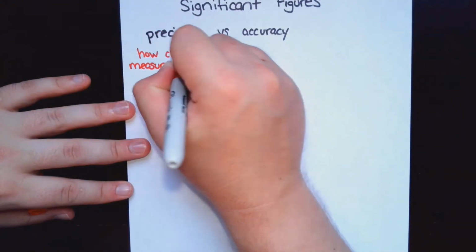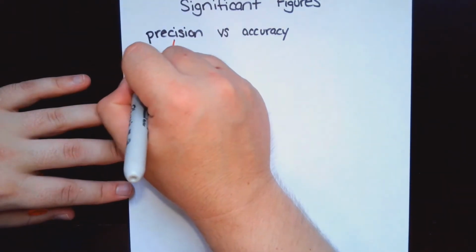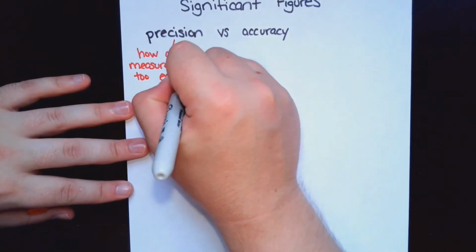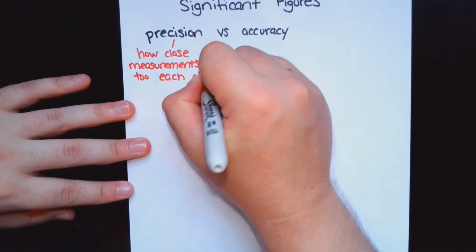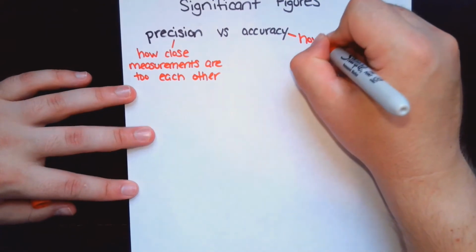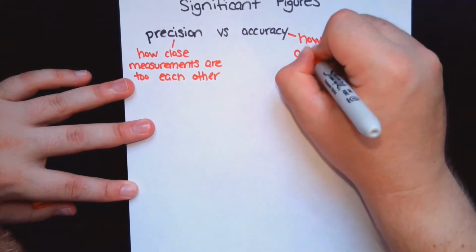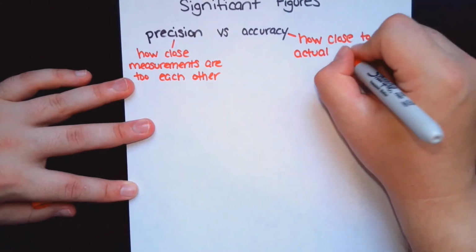And accuracy is how close your measurements are to the actual value.